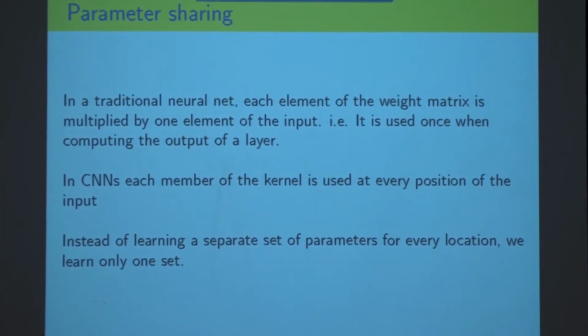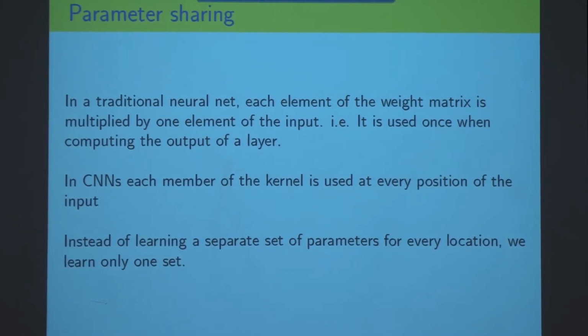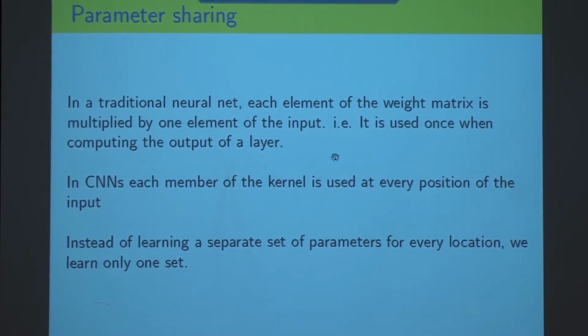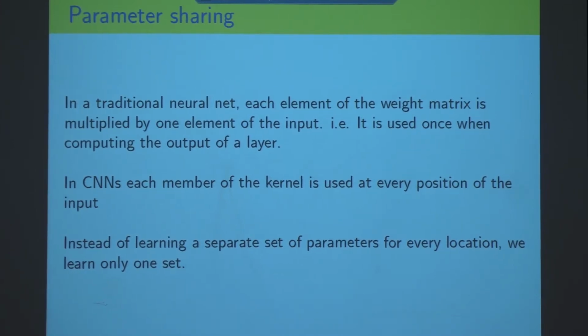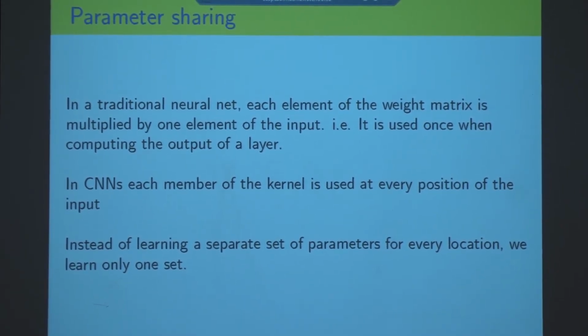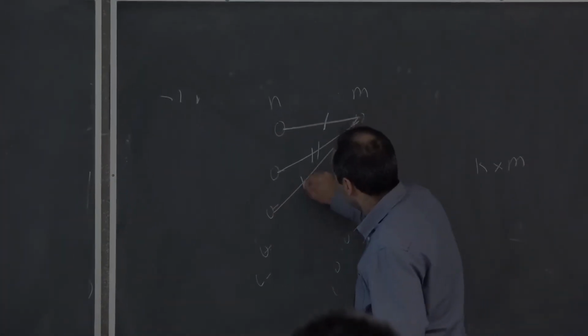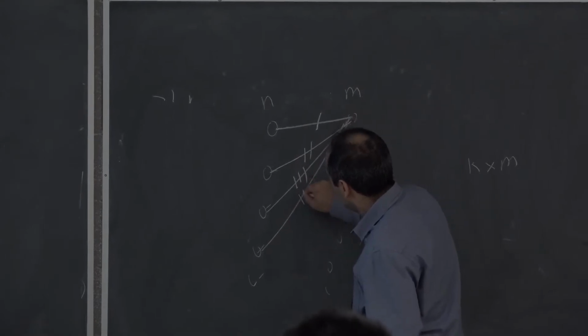Another thing is parameter sharing. I explained this in the previous lecture: we have a kernel, this kernel is fixed and goes over the whole input image, so it's as if you have weights that have been shared. Say I have a weight, this is another weight, this is another weight, and this is another weight.